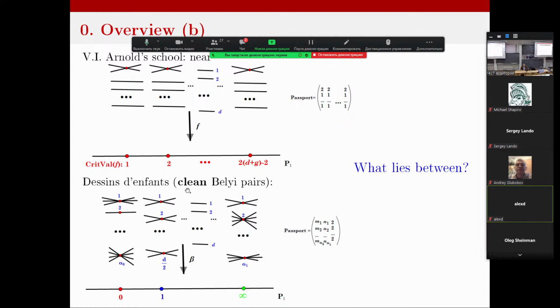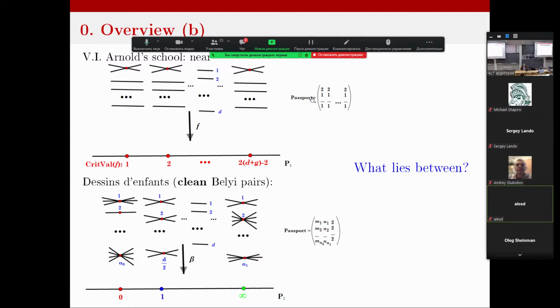Now note the technical assumption we'll use during all the talk is the concept of clean Belyi pairs. It means that the ramification over 1 is always twofold. It follows, of course, that the degrees we consider are always even. And what I was trying to draw here is that otherwise the branching is totally arbitrary.